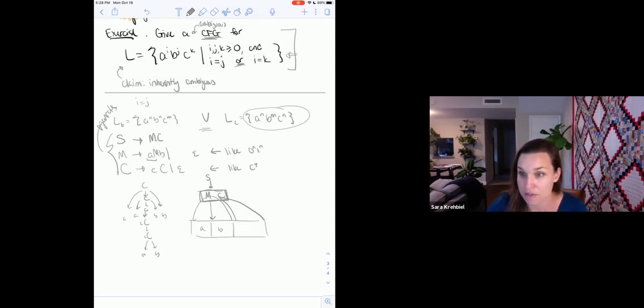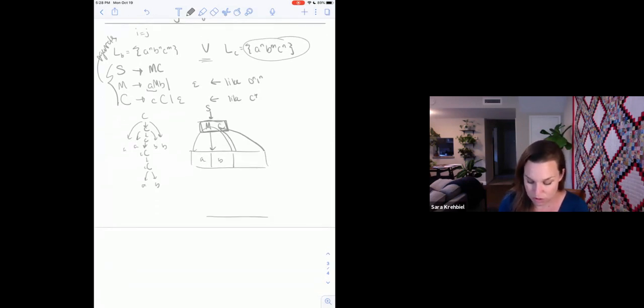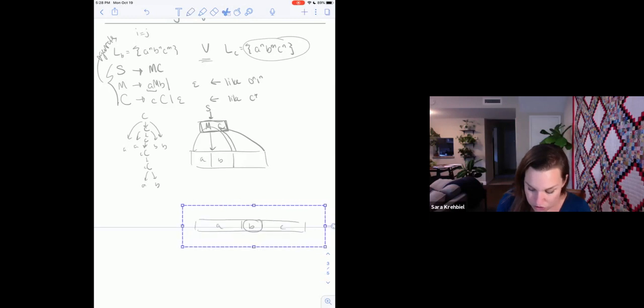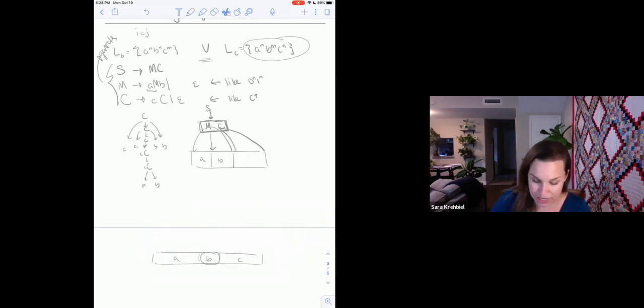So the way I think about this piece is I start with sort of a visual where maybe I have a bunch of A's and they match with a bunch of C's, and then I have some B's in the middle. It doesn't matter if there are more or less, I'm just drawing it less so that I can see that that's not where the matching is going on. So I know how to create matching A's and C's.